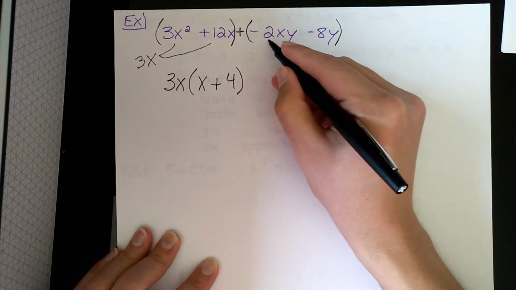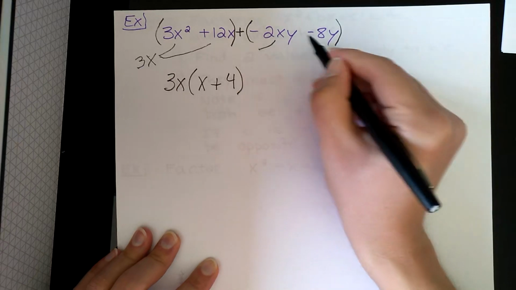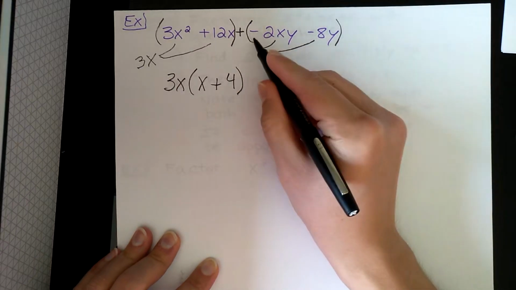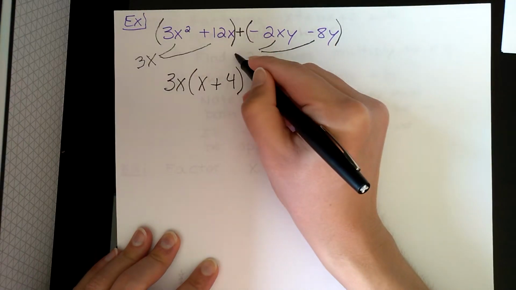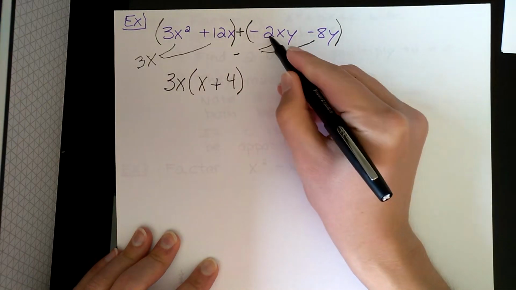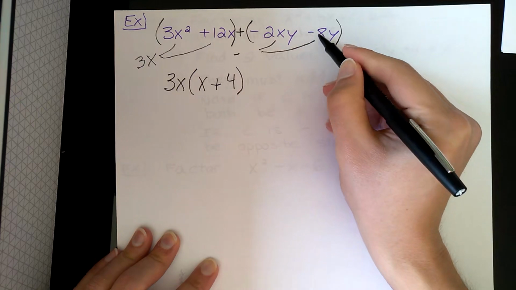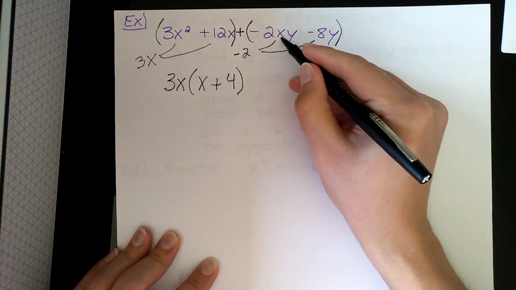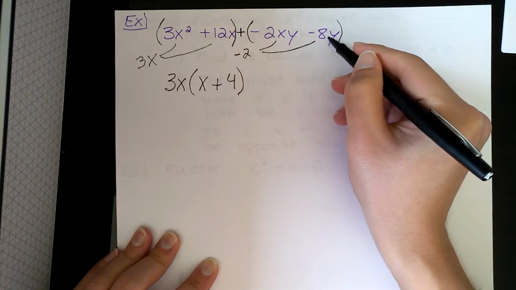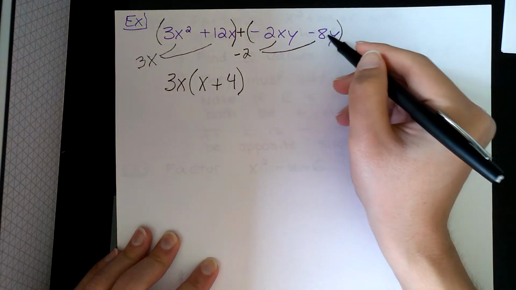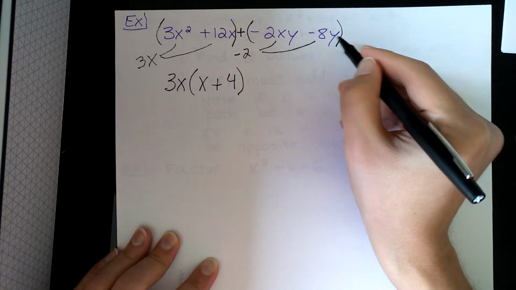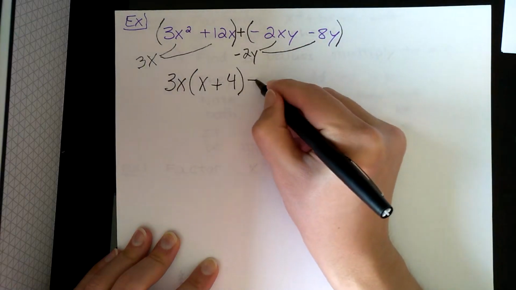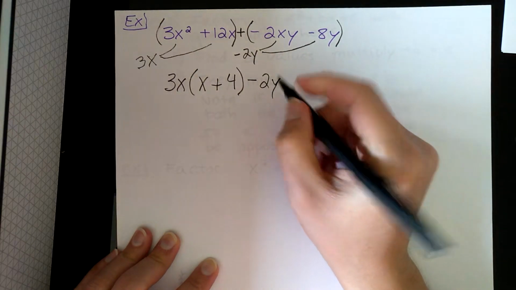And now from here, we want to find what's common between negative 2xy and negative 8y. Well, first of all, there's a negative that's common. Also, 2 and 8 are both divisible by 2. There isn't an x that's common, so we'll leave that alone. But there is a y that's common, so we will factor out that y, giving us minus 2y.